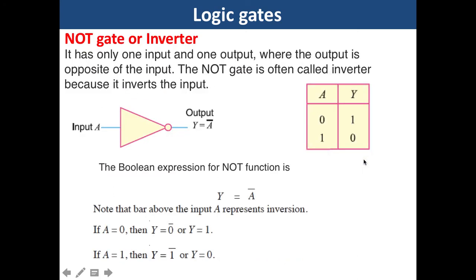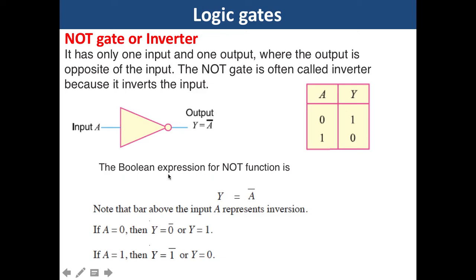The next one is the NOT gate, or we can also say the inverter. It has only one input and one output, where the output is the opposite of the input. The NOT gate is often called the inverter because it inverts the input.